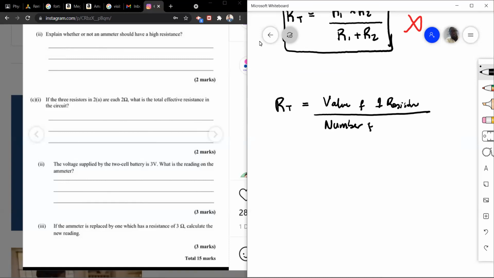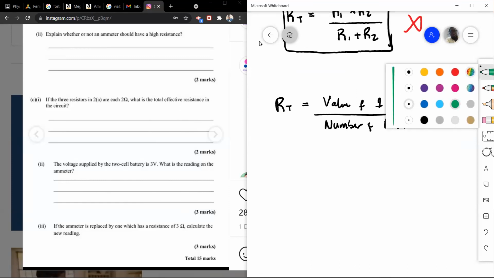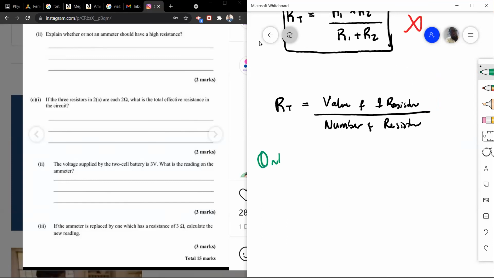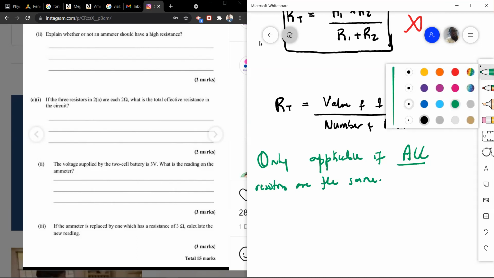This only applies when all the resistors are the same, because the resistors have a constant value. So this is only applicable if all of the resistors are the same.